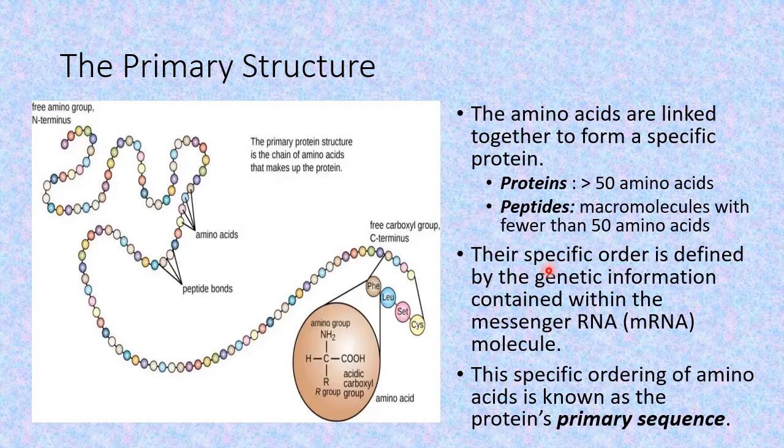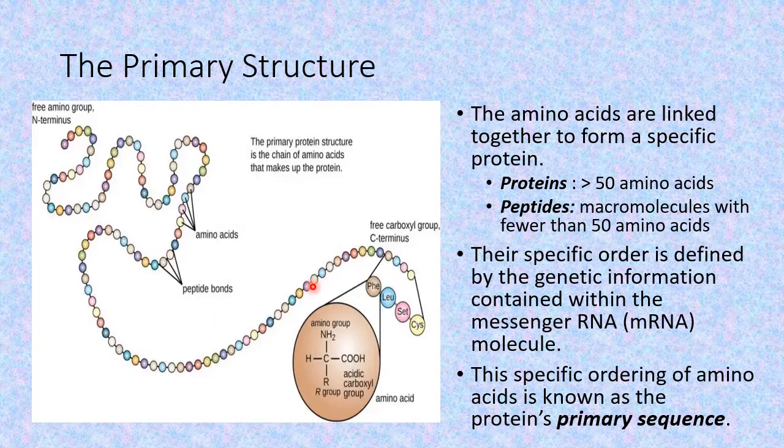Now we have seen that the specific order of genetic information present in the messenger RNA molecule, in association with the ribosome and with the help of the adapter molecule, that is the transfer RNA, leads to the formation of a specific order of amino acids which are linked to each other by means of peptide bonds.